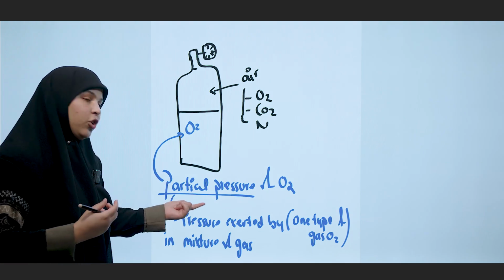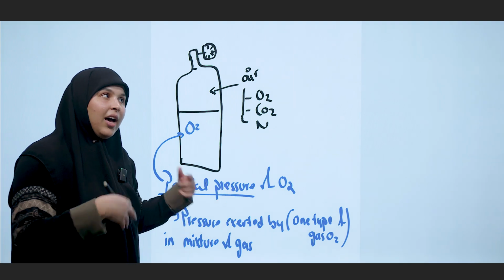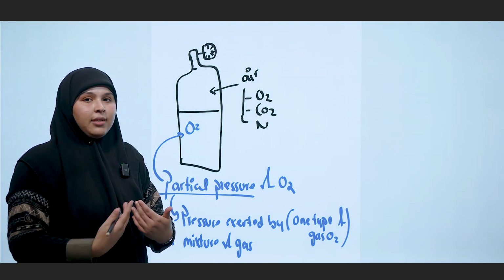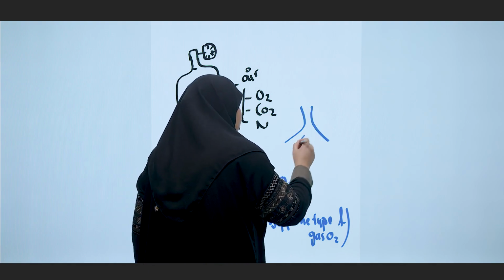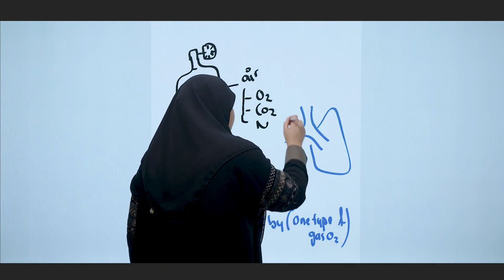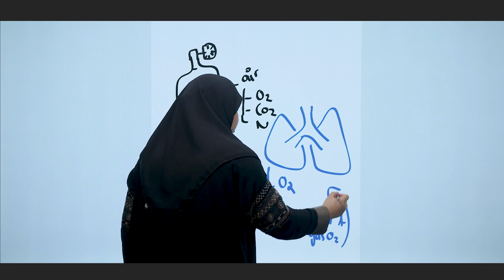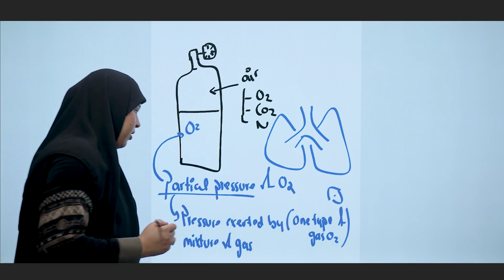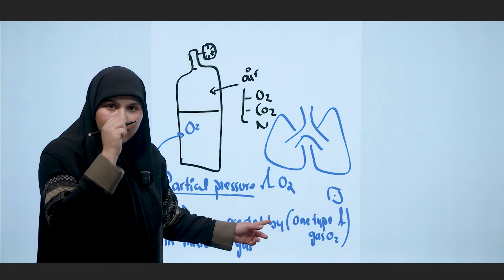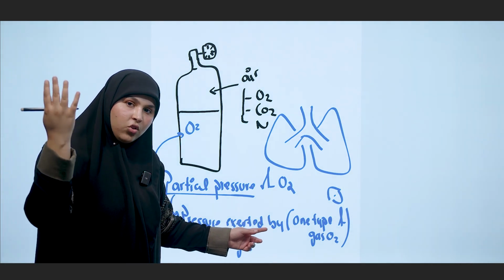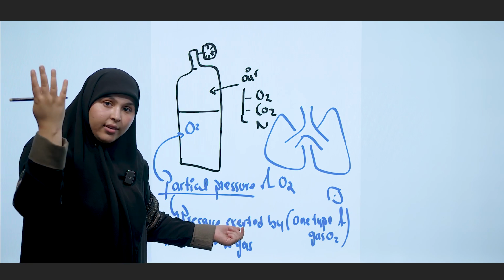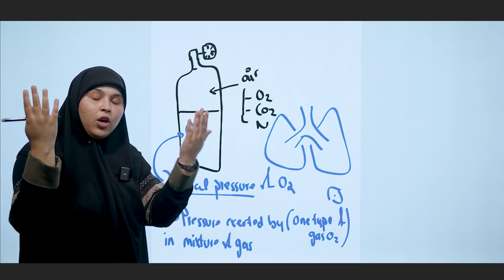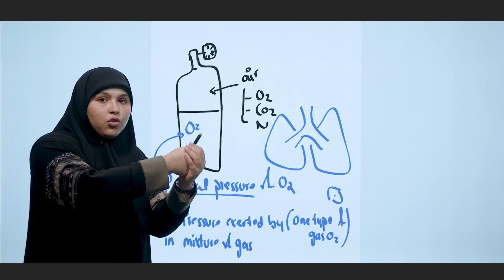Where do you think the highest partial pressure of oxygen, or the highest concentration of oxygen in our body, exists? Again, it exists in the lungs. And the lowest partial pressure of oxygen exists where? In the respiring tissues. This is extremely important, because the higher the partial pressure of oxygen, the higher the affinity of hemoglobin to bind to this oxygen.